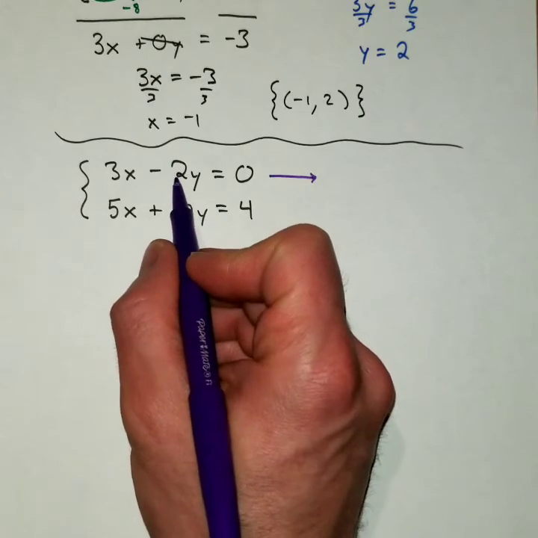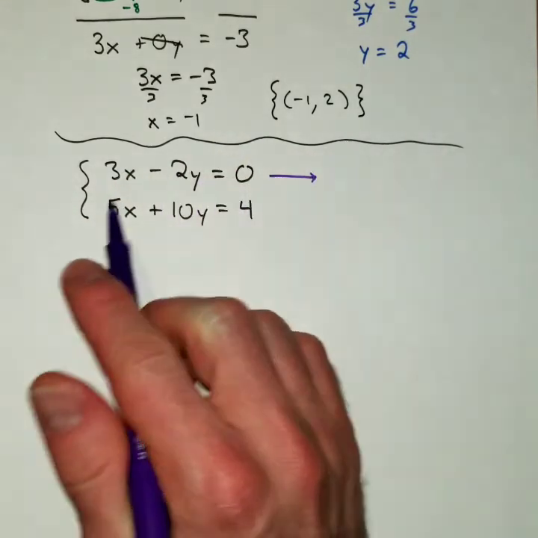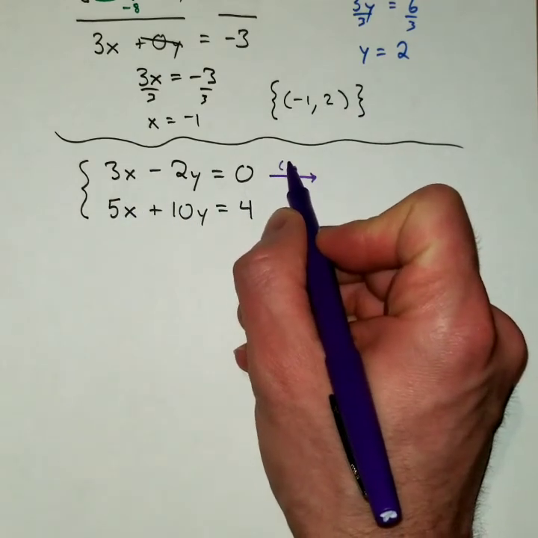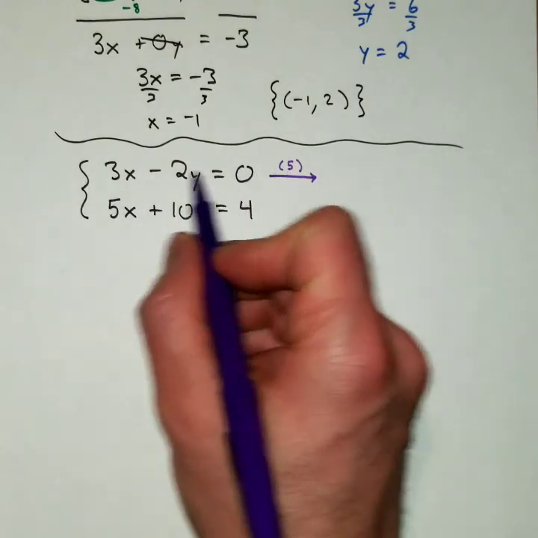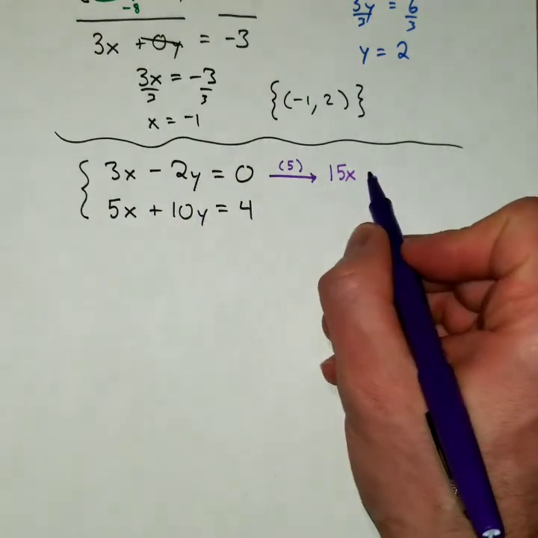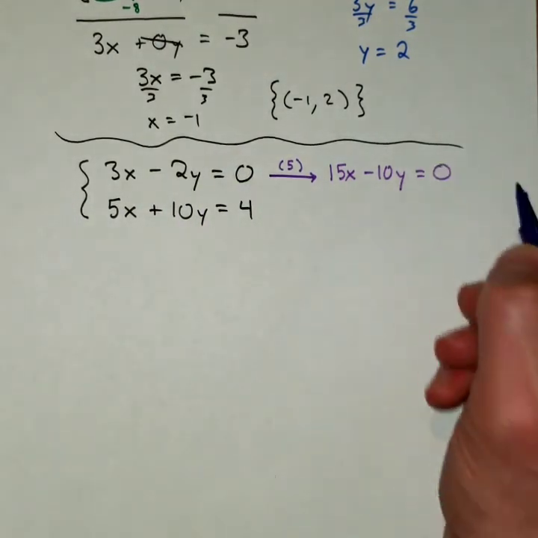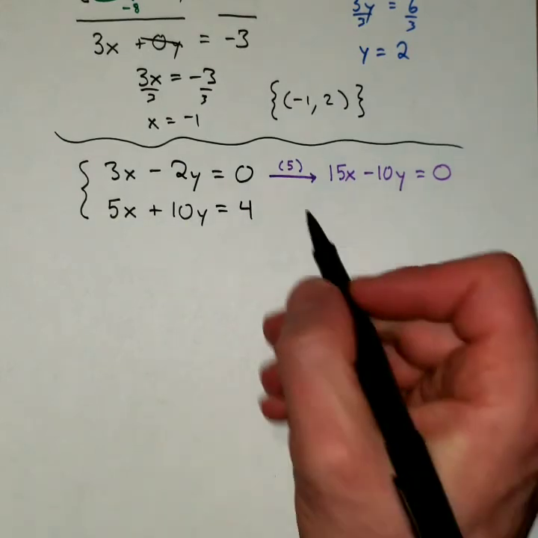But I can't just multiply one part of an equation. I've got to multiply the whole thing, both sides of the equation. So I'm going to multiply it all by 5, and that distributes to every term. So 5 times 3 is 15x. 5 times negative 2 is negative 10y. 5 times 0 is, of course, still 0. The other equation I'm going to just bring across.